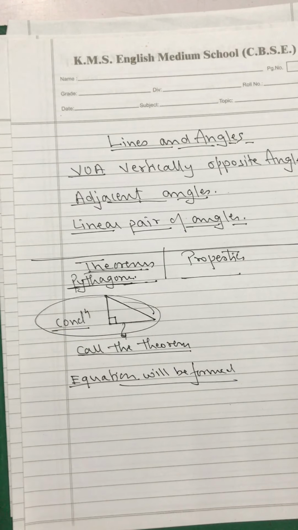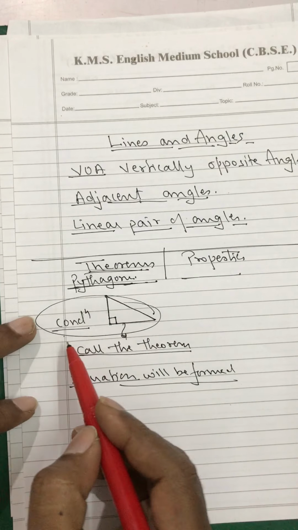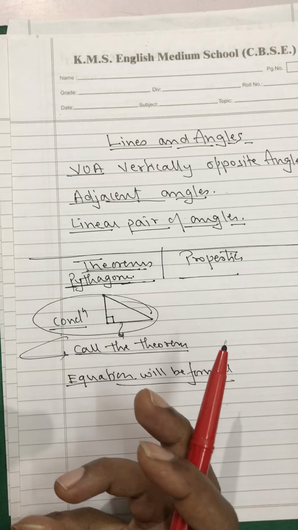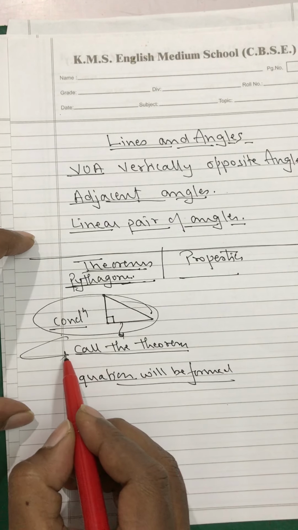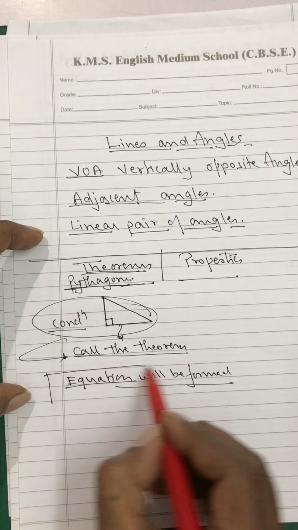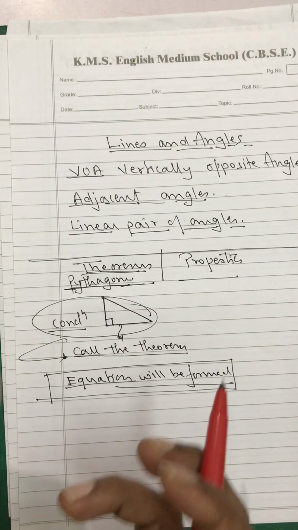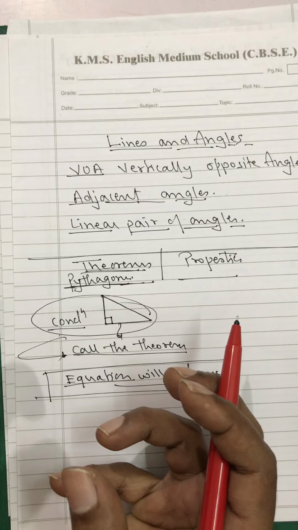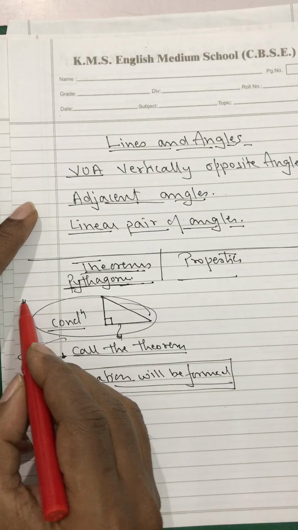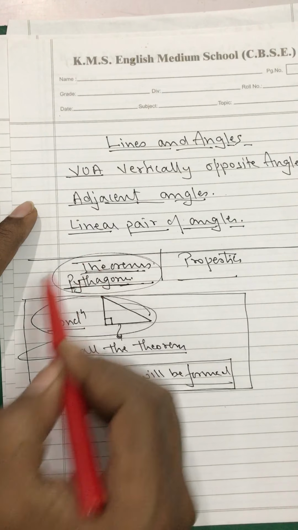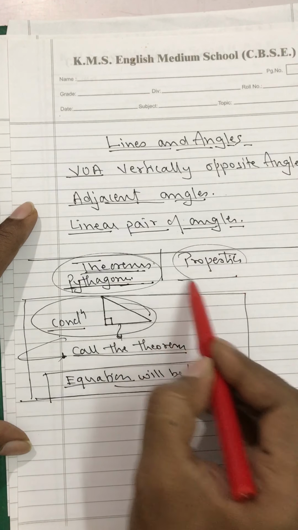In the given condition, you will have to call this property: I am using this property, I am using this theorem. And after you apply the theorem, an equation will be generated. You should know what equation is going to be formed. Only when you are able to do these things can we say that you have understood that theorem or that property.